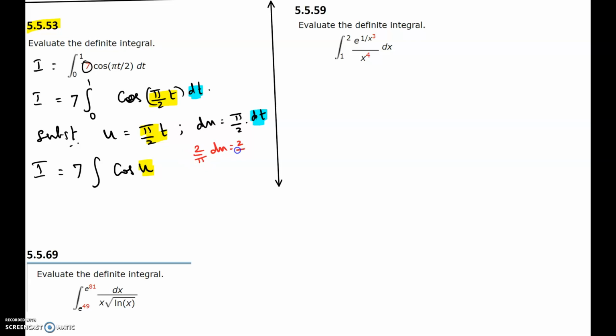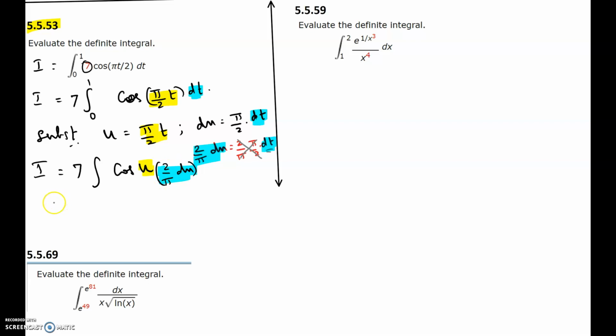So 2 over pi du equals 2 over pi times pi halves dt. We notice that these two cancel out. So dt that we have isolated is nothing but 2 over pi du, in the place of dt.